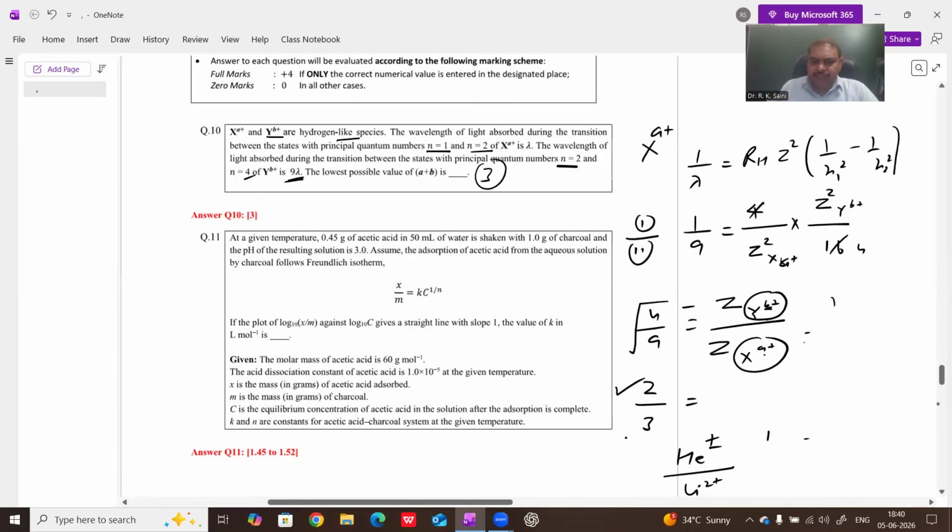Helium contains +1 and lithium contains +2, and we write their sum, and it is option 3.